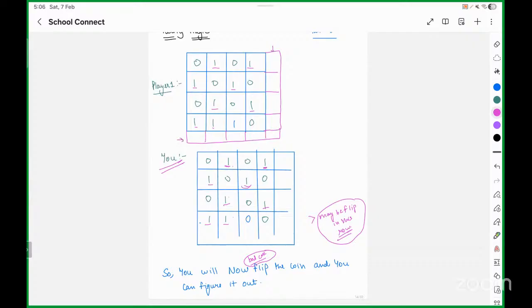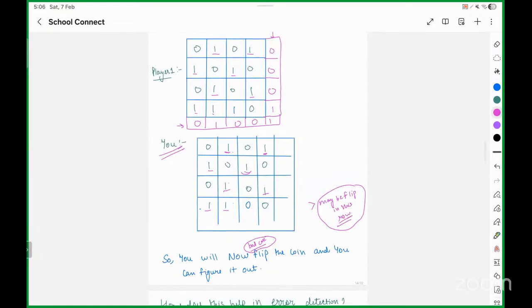The XOR sum of 1 and 1 is 0. So basically if the number of ones is even, then 0. If the number of ones is odd, then 1. So here the number of ones is even, so 0, here also 0, and here it is 1. It's 0, 1, 0, 0, and again 1. That's how we make the table.